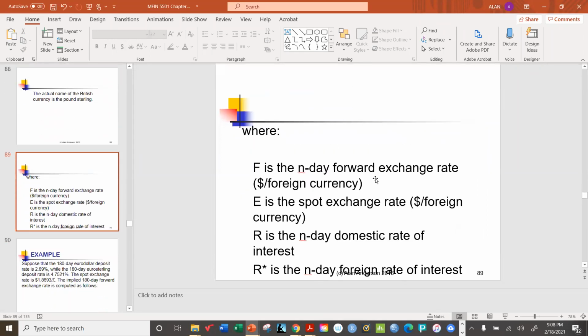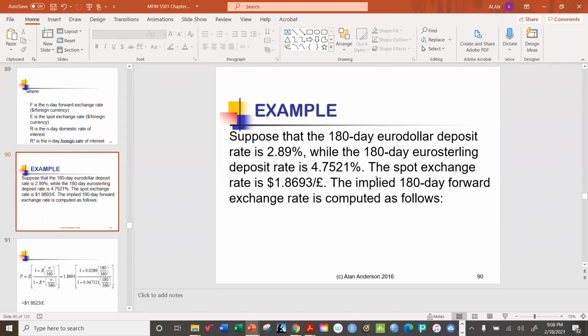All right, so let's do an example. Suppose that the 180-day eurodollar deposit rate is 2.89%, and the 180-day eurosterling deposit rate is 4.7521%. The spot exchange rate is $1.8693 per pound. So what is the implied 180-day forward exchange rate?